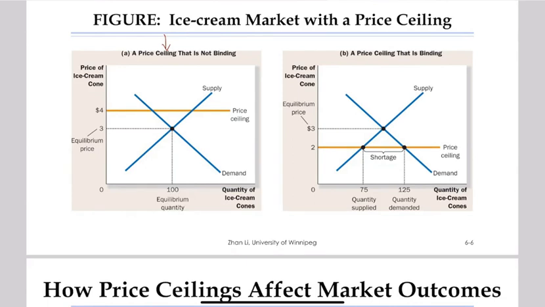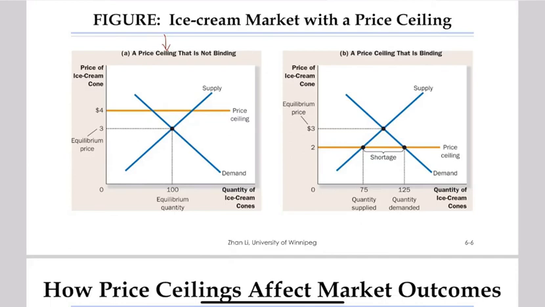In this case, the $3 equilibrium price is in violation of this price control policy, which implies that the market cannot have this $3 price. In the end, the market could only have the highest possible price within this price control policy, right? That is $2. So the market price will become $2.